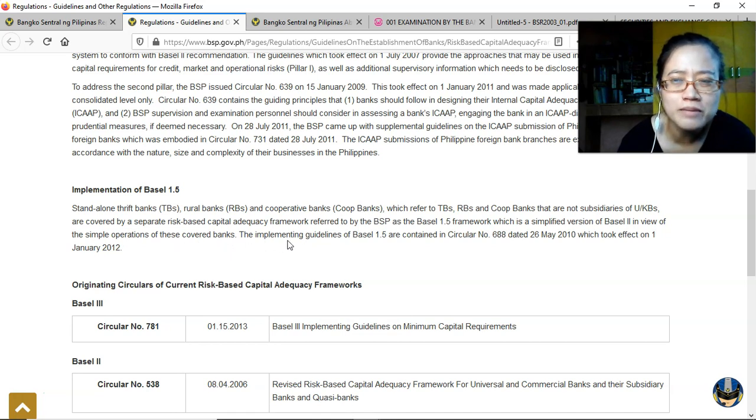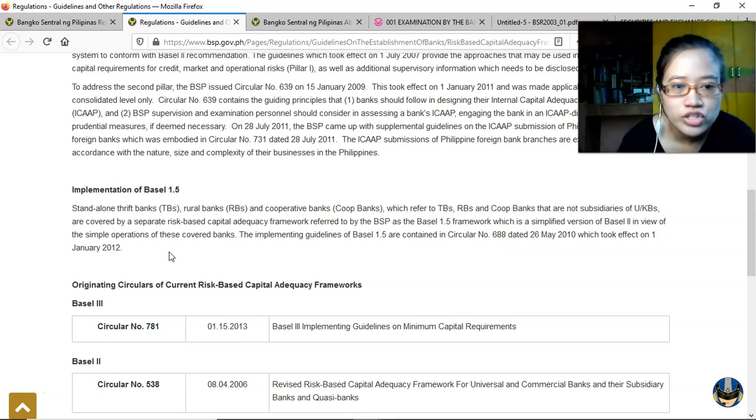So sometimes the guidelines are not applicable in full, so they have to, in a way, customize or simplify the guidelines for smaller banks. The implementing guidelines of Basel 1.5 are contained in Circular Number 688, dated May 26, 2010, which took effect on January 1, 2012.